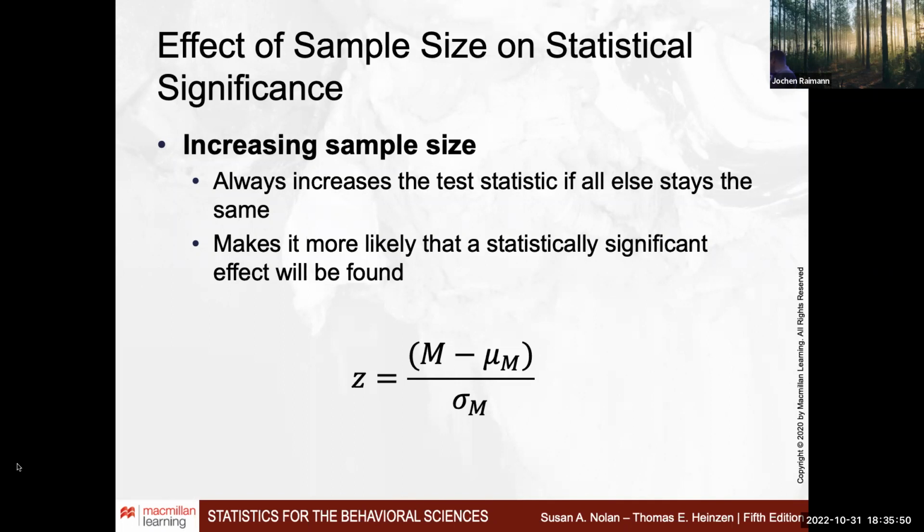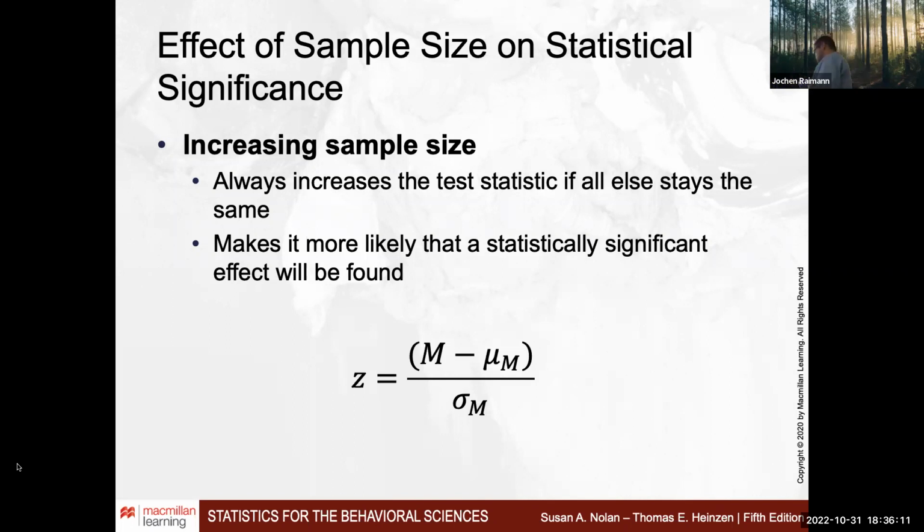Good. So now one problem we have is the standard error of the mean. The standard error of the mean is related, as shown before, to the standard deviation of the population by a division by the square root of the sample size. That means if you have a larger sample size, your standard error of the mean is going to be smaller.